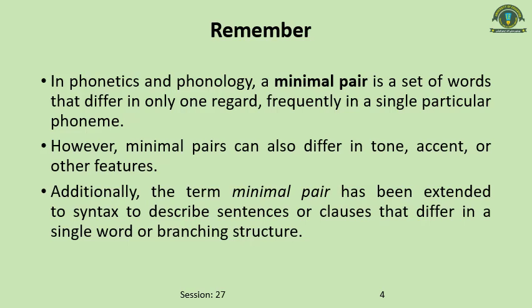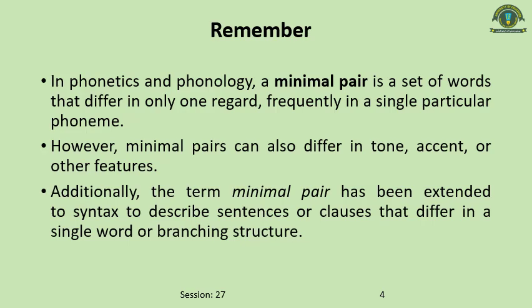These are very important points to remember. So before we talk about anything else, it's appropriate that we bear in mind all these things in front of you. Is it clear? I can repeat that in phonetics and phonology, a minimal pair is a set of words that differ in only one regard, frequently in a single particular phoneme.